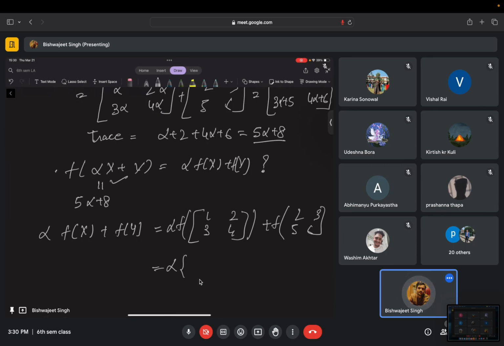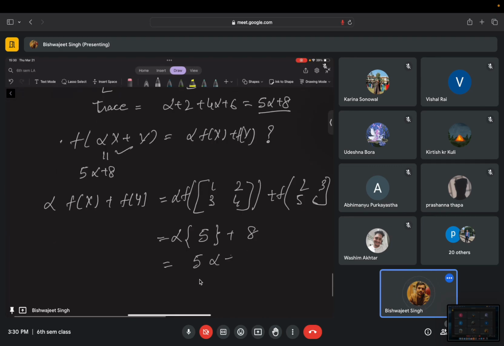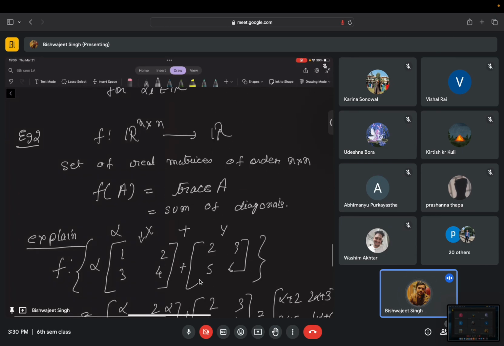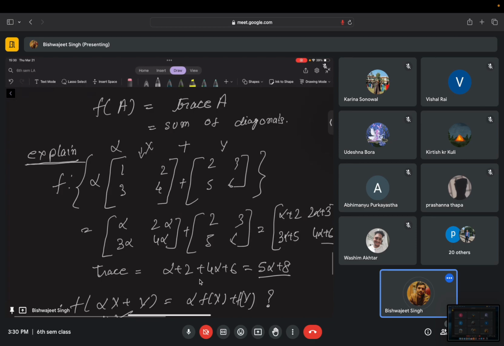F of x is nothing but the trace of x, that is 5, and f of y is nothing but the trace of the second matrix, that is 8, and this is again 5 alpha plus 8, right? So here also we got alpha times f of x plus f of y is equal to f of alpha x plus y. So this condition holds, which means this is again going to be a linear functional. So this is the second example. This is example 2, and this part is just for your understanding.